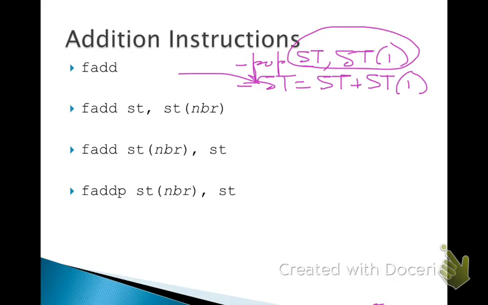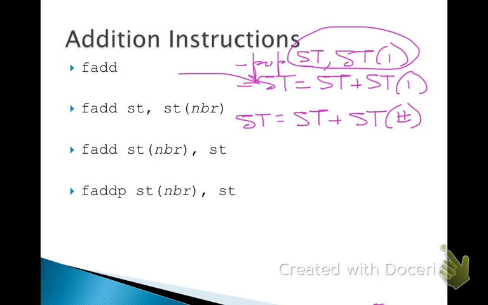Okay, fadd, when I have operands, I can do something other than just stack top and stack top 1. This, we're going to replace stack top, so stack top equals stack top plus whatever other stack register we indicate.